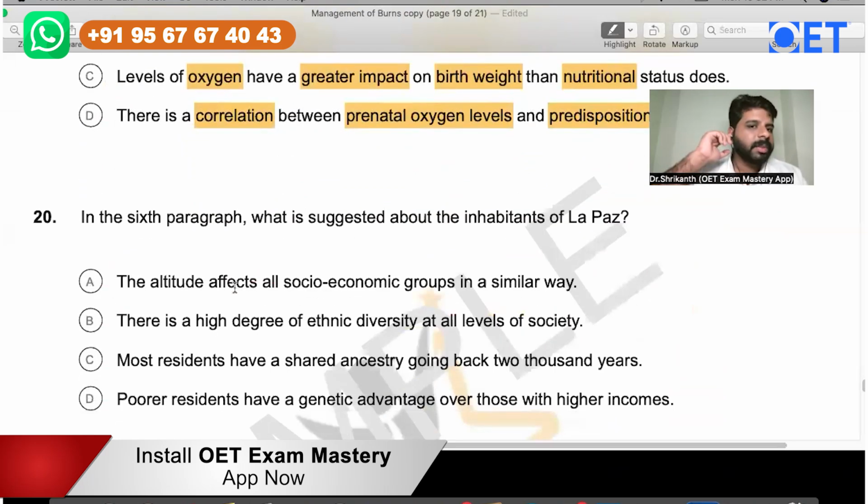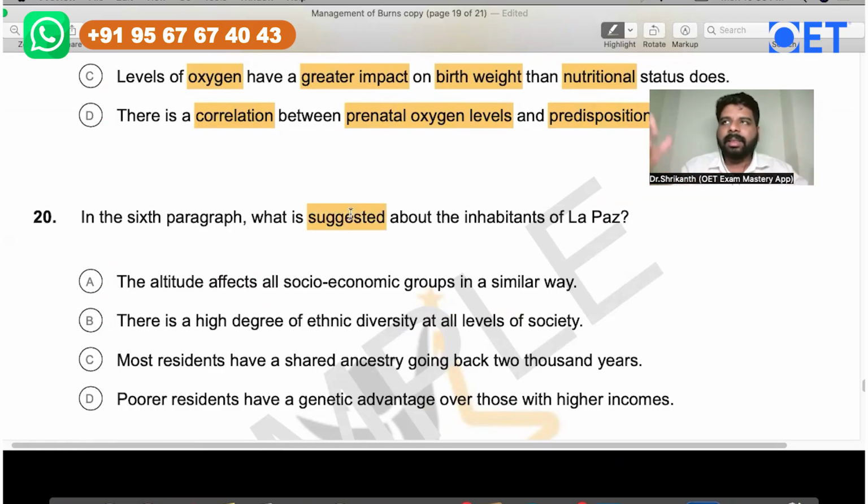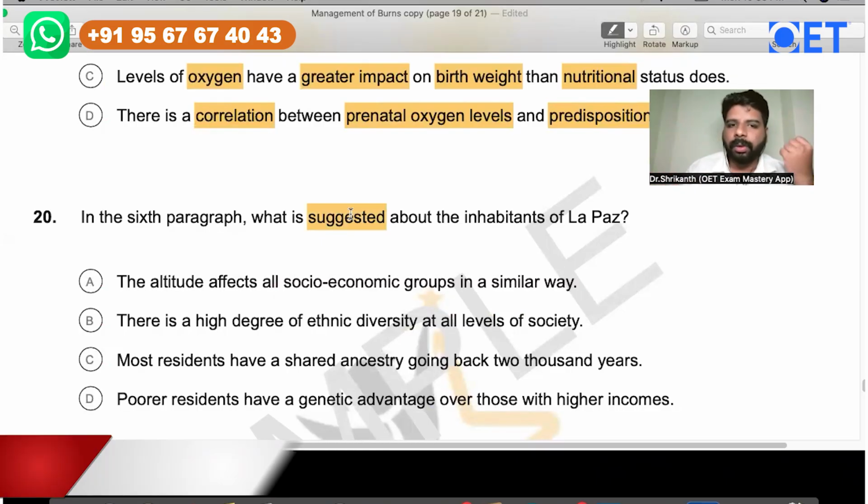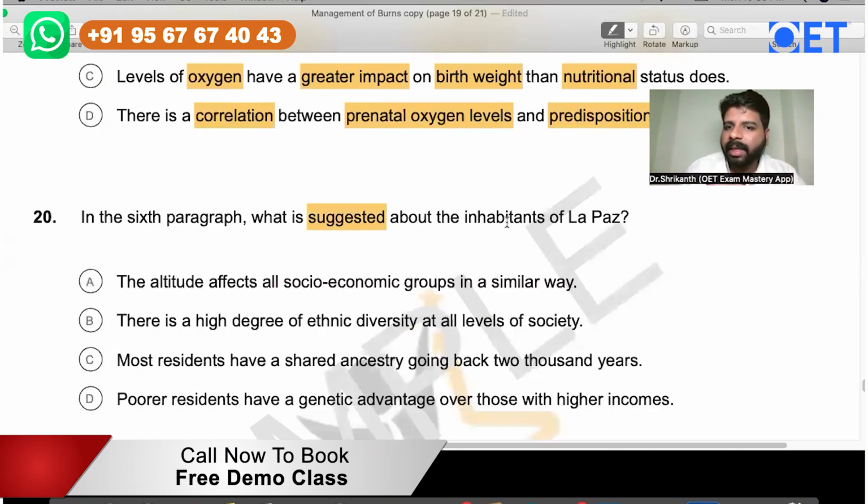Here in the 6th paragraph, what is suggested? Remember that in reading part C, this passage was written by an author. It is basically a conversation; the person is conversing with you. So you have to read the passage from the perspective of the author, and from that perspective a suggestion is made about the inhabitants of La Paz.